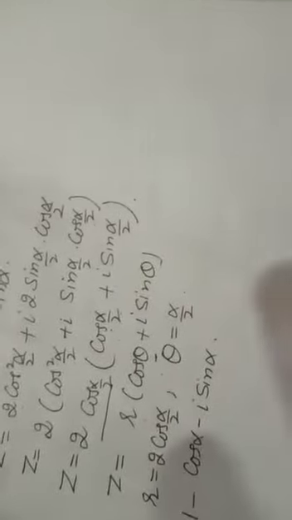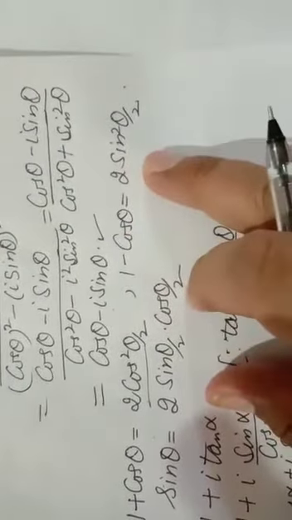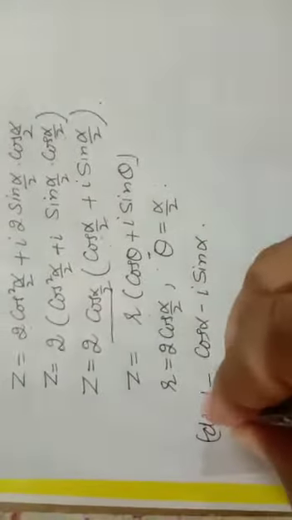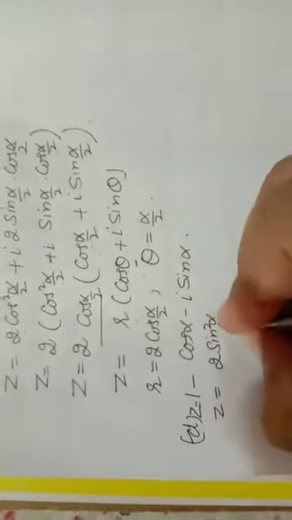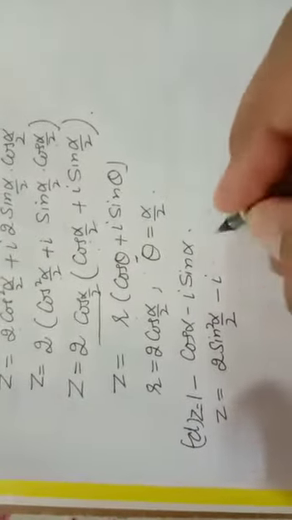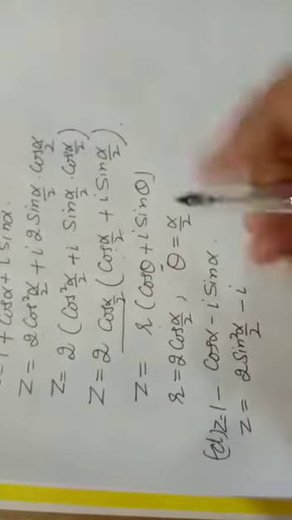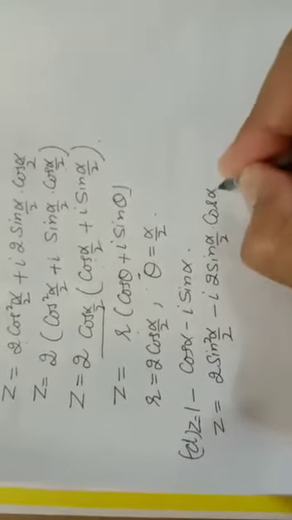If 1 − cos α is given, it is compared with 1 − cos θ, whose formula is 2 sin² θ/2. So 1 − cos α will be changed to 2 sin² α/2. The i stays as it is, and sin α, as discussed in the previous case, is 2 sin α/2 cos α/2.